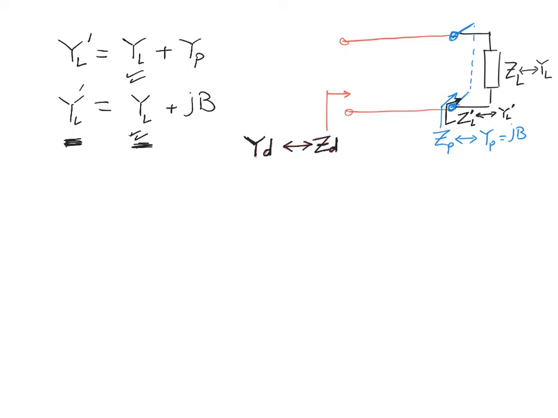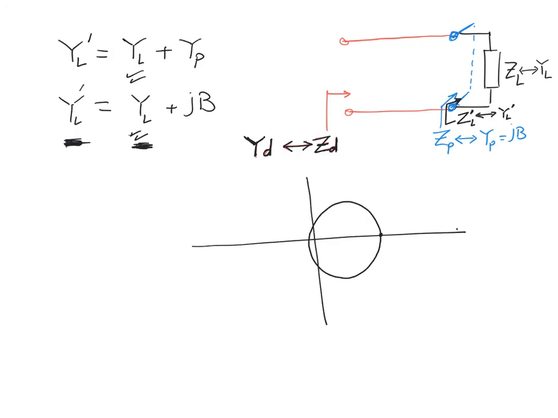So going to the Smith chart, I have one circle that represents the location for the real value of that YL dash, which is exactly the real value of my load.